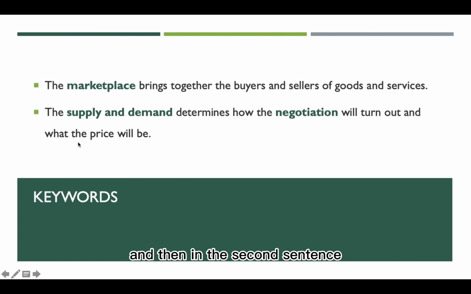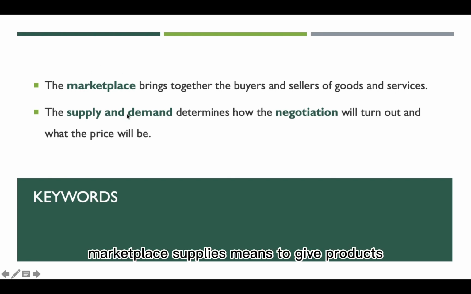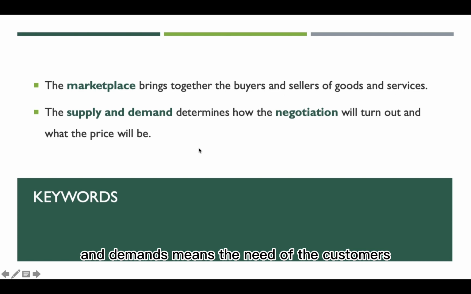And then in the second sentence: the supply and demand determines how the negotiation will turn out and what the price will be. So supply and demand, what are they? In the context of marketplace, supply means to give products, and demand means the needs of the customers.